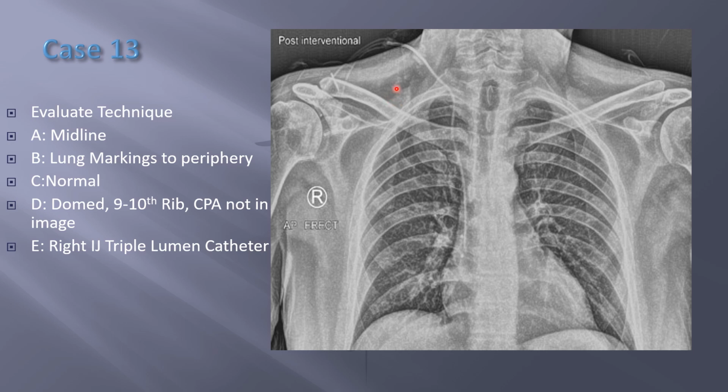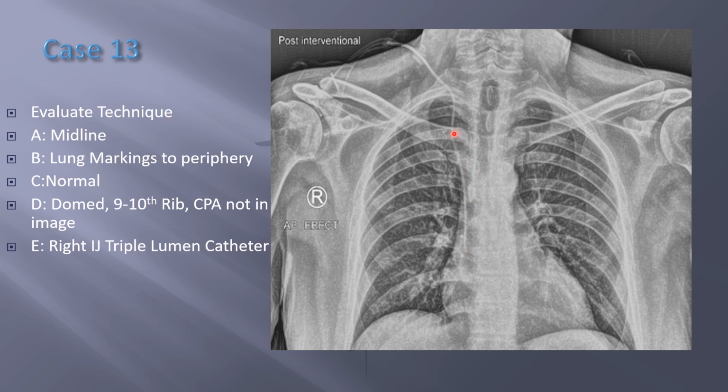And you do an X-ray after a procedure like this, because you're sticking needles here, and sometimes you might cause a pneumothorax. Pneumothorax are more common with a subclavian approach than an IJ approach, but also you want to make sure that this catheter is in the right place, and it is.